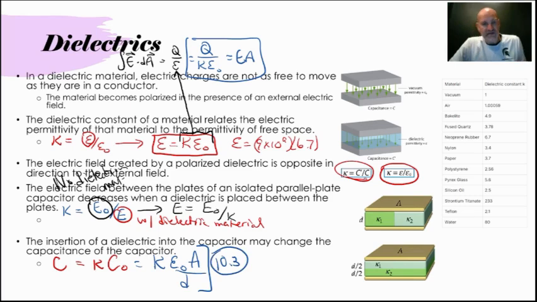The only difference was in topic 10.3, our kappa, because it was a vacuum permittivity scenario, was 1 because it was air, okay? And so that's why in the capacitor video it's epsilon naught A over D, because capacitors are dielectrics with air between them.